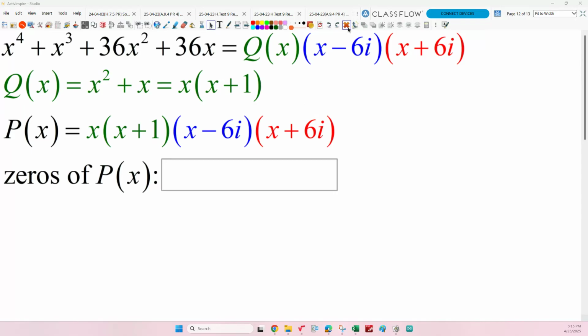Okay, then what are the zeros from there? Negative 1 is one of them. Negative 1. 6i and negative 6i. Okay, what about this one? This one's negative 1. What's this one? Yeah, it's just going to be 0.